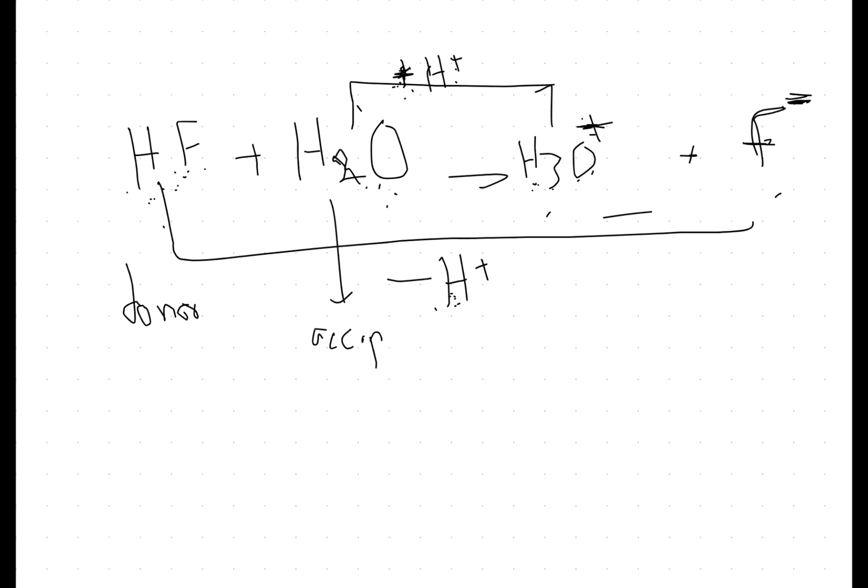This is acceptor of H plus. Because this is what Brønsted says. Lewis said it's donor and acceptor of electrons. This is donor and acceptor of ion. H plus and H plus here, it's ion. One donates the H plus, the other accepts the H plus. Okay?